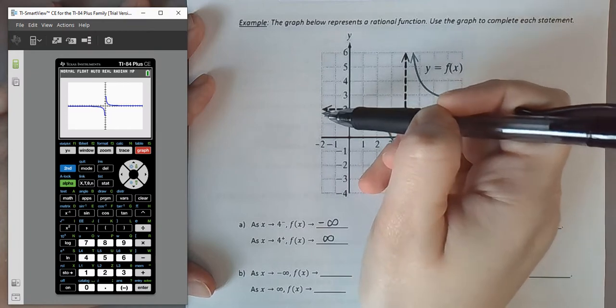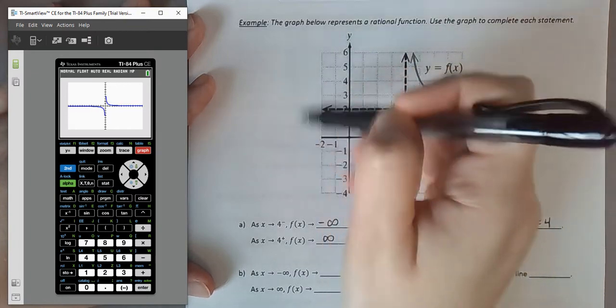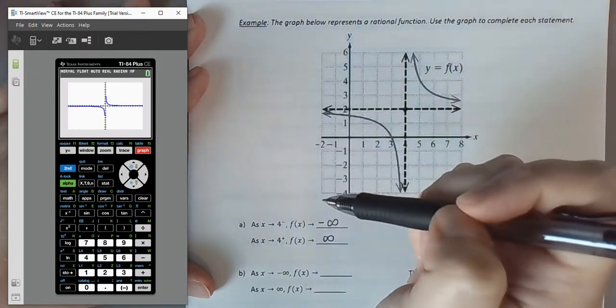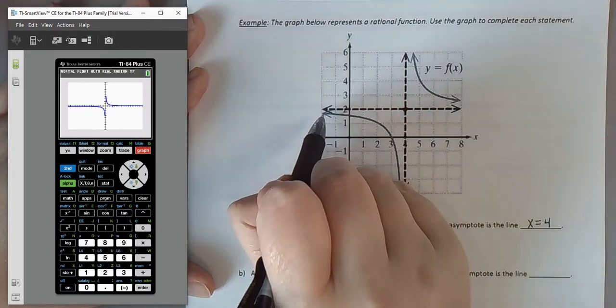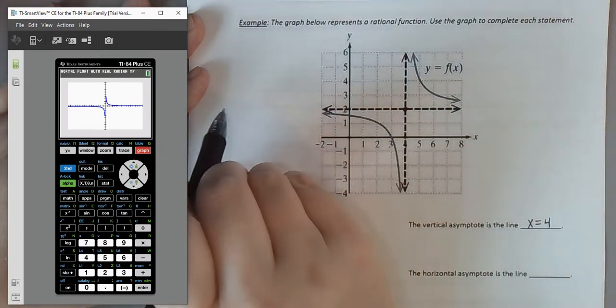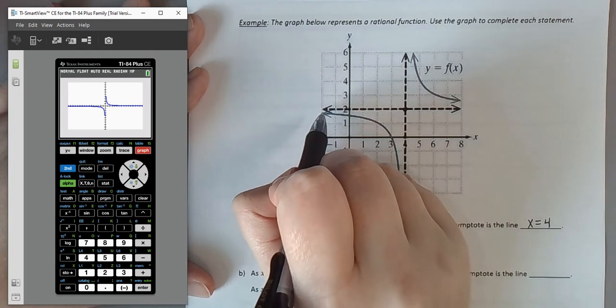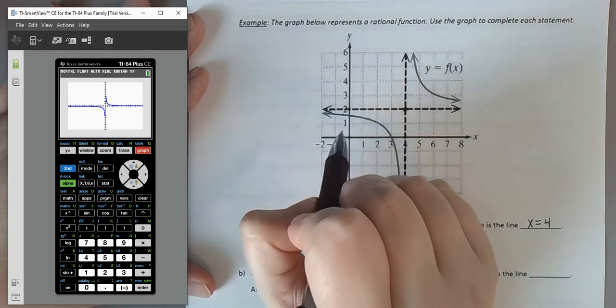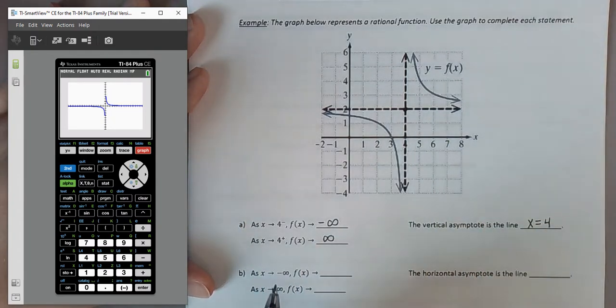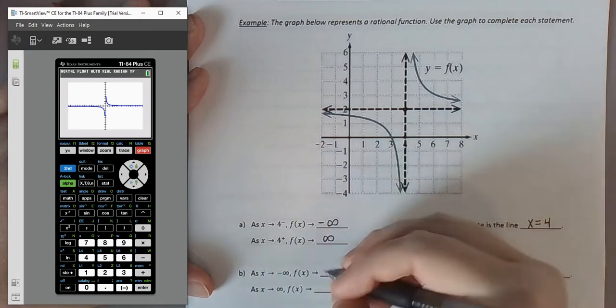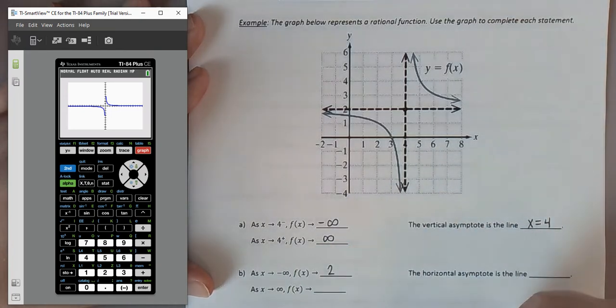The arrows here indicate that we can expect the same behavior further off on the graph. Even though this is all we can see of the coordinate plane, the arrows indicate that things are going to continue in the same fashion. So we continue to get closer and closer to this boundary at y equals 2. So as x approaches negative infinity, f of x, the outputs, are approaching positive 2.